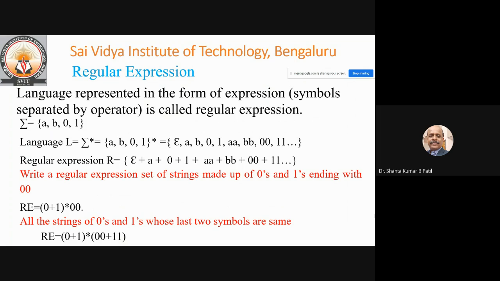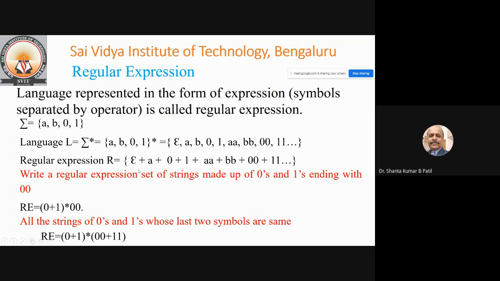Generally, the language we represent is L equal to sigma, given as a, b, 0, 1 star. So generally we represent epsilon, a, b, combinations of the a, b with the 0, 1.